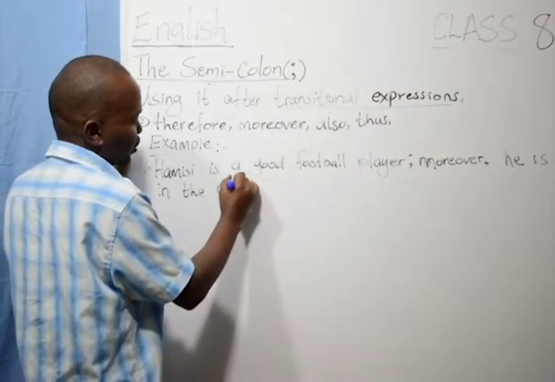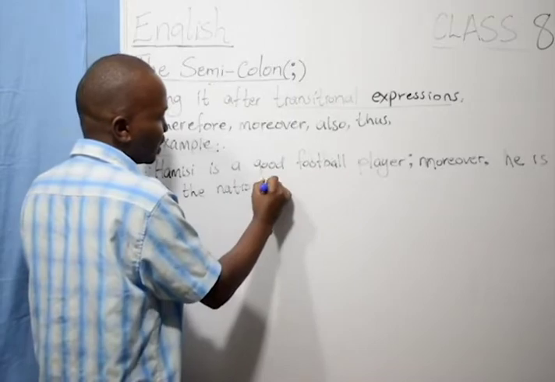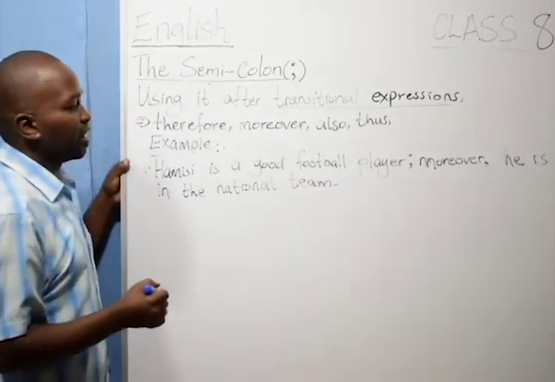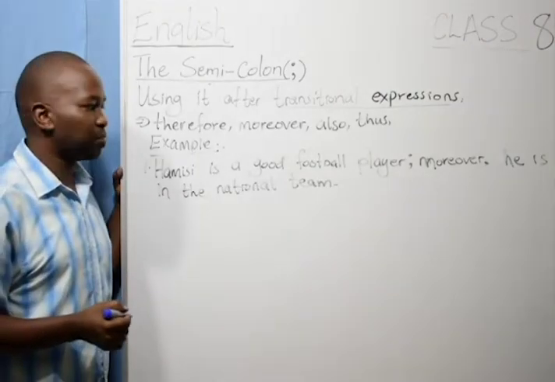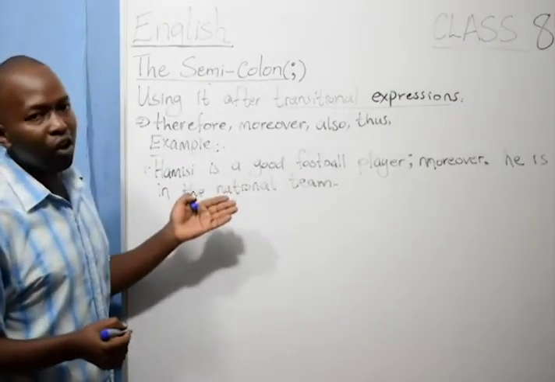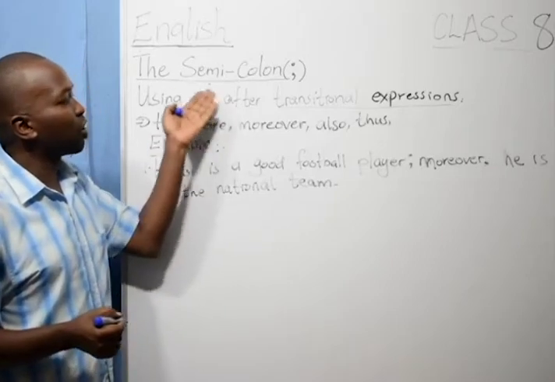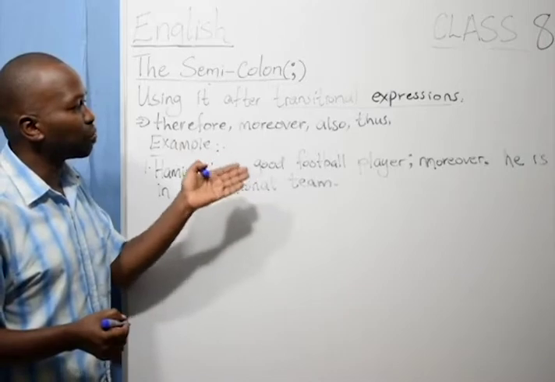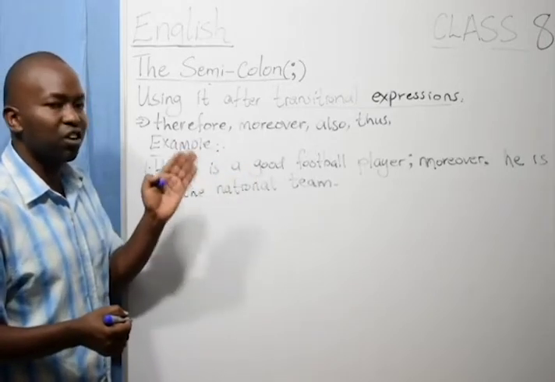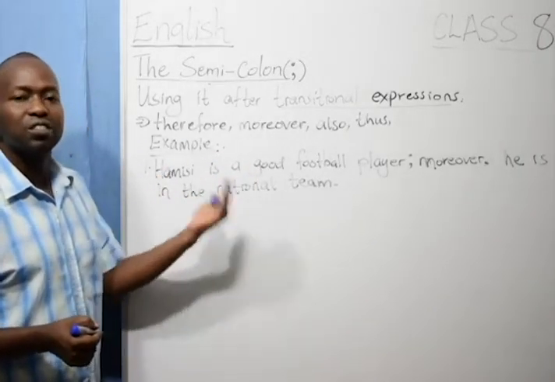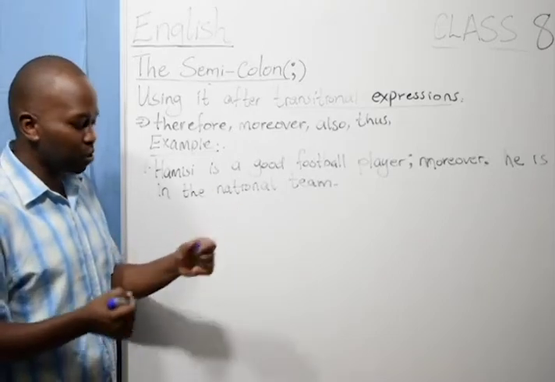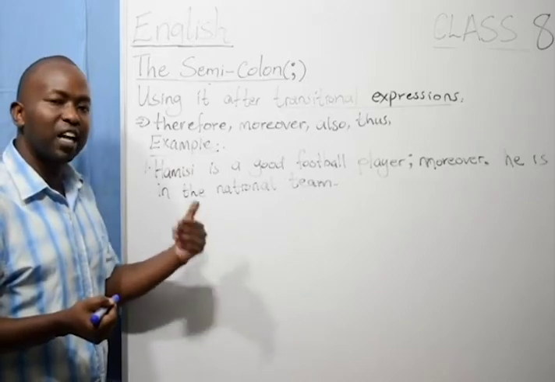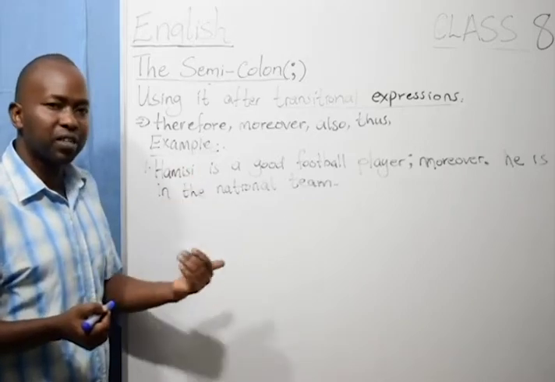So this is a way of using the semicolon with the transitional expressions. Instead of just putting the comma, which you can put, of course remember, we want to show that we are knowledgeable.